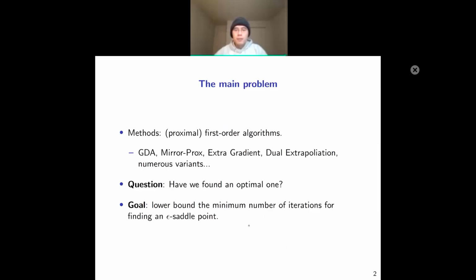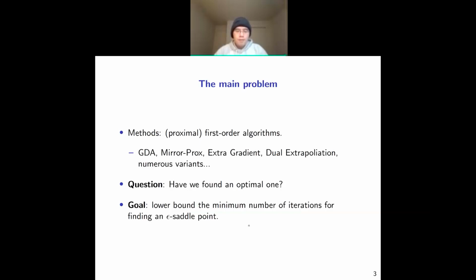To solve this problem, there are plenty of algorithms, including probably the most popular ones, the first order algorithms. And sometimes if you have some special structures, you have some proximal algorithms, and they include gradient descent ascent, the GDA algorithm, the mirror prox, the extra gradient method, or Nesterov's extrapolation method, and there are numerous variants.